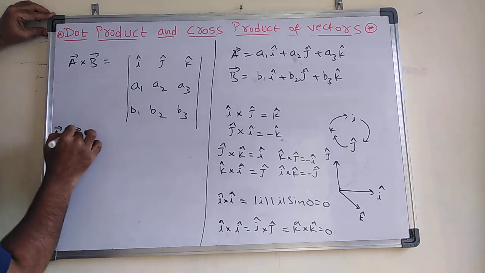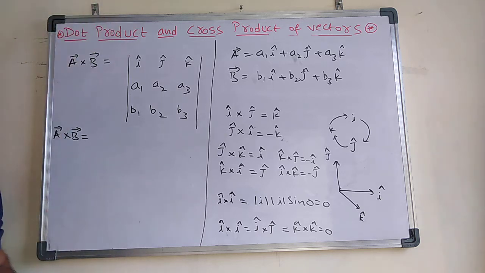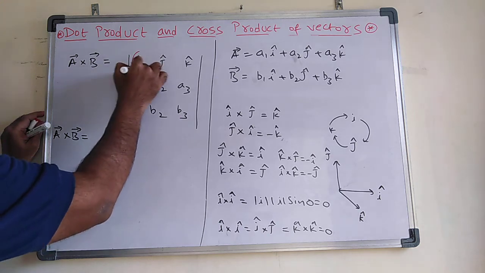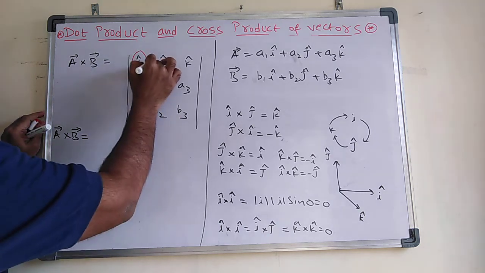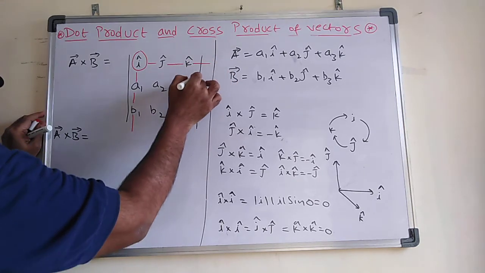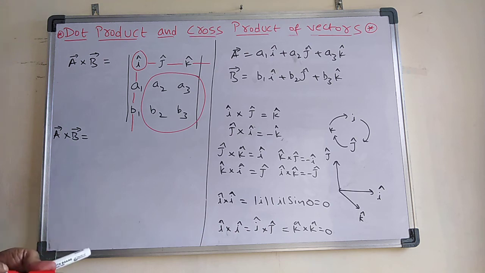Now let us find a cross b. First we start with i cap. If you are choosing this i cap, don't touch its row and column, and take the remaining terms, then do the determinant, ad minus bc.